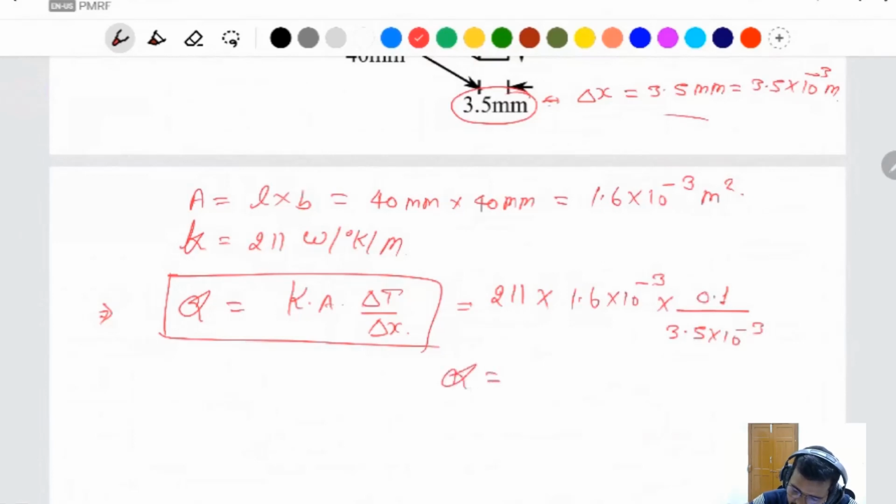You can calculate Q; the 10 to the power minus 3 is cancelled out. It will be 9.64 watt.